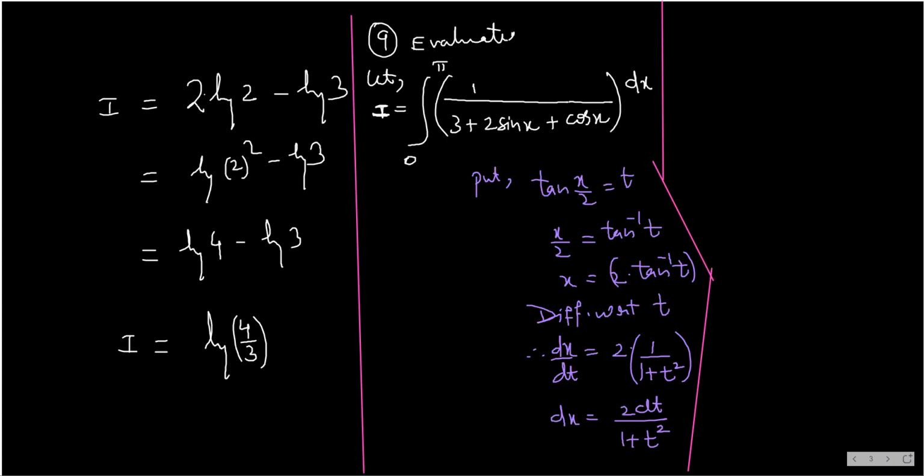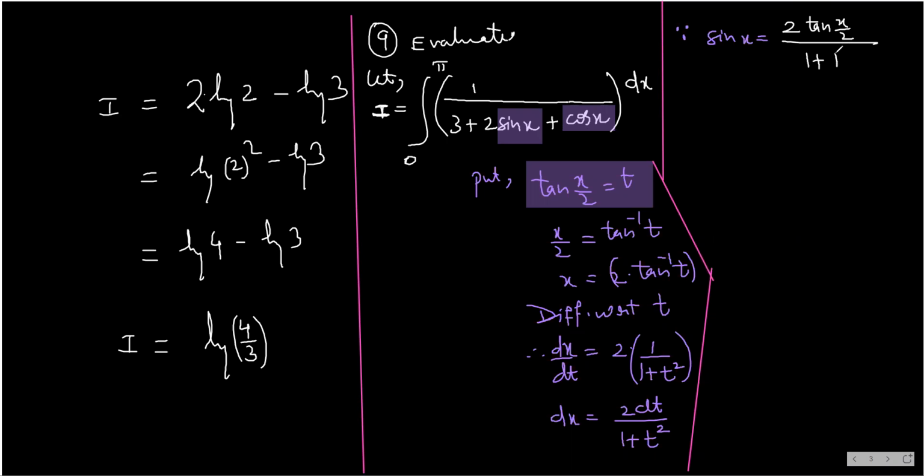As we all know, sin x in terms of tan x by 2 is, see, the only reason for my putting tan x by 2 as t is because I could see sin x and cos x both in terms of tan x by 2. So put sin x, since sin x is 2 tan x by 2 upon 1 plus tan square x by 2. Therefore sin x is 2t upon 1 plus t square.